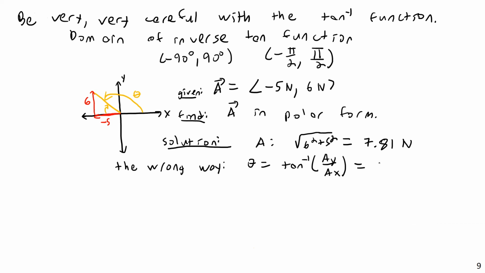AY is going to be 6 newtons, and AX is going to be -5. So this is the inverse tangent, the units cancel out, of 6/5. Actually, sorry, -6/5. Let me make sure my calculator's in degree mode, and it is, so I'll keep it in degrees to keep things simple.